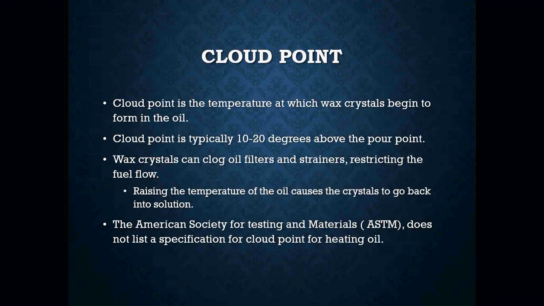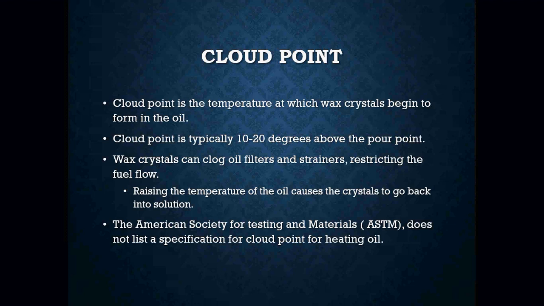Your cloud point is the temperature at which wax crystals begin to form in the oil. Cloud point is typically 10 to 20 degrees above the pour point of that oil. Wax crystals can clog oil filters and strainers. It can restrict the flow of fuel. Raising the temperature of the oil causes the crystals to go back into solution. They'll kind of melt and just mix right back into the oil.